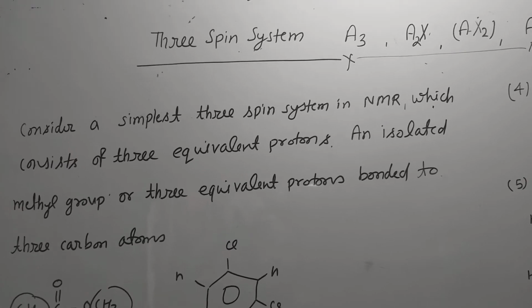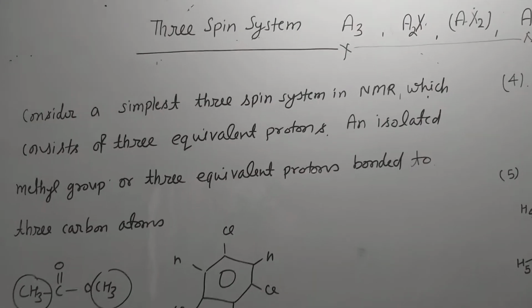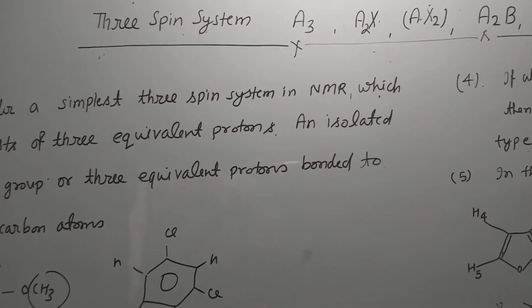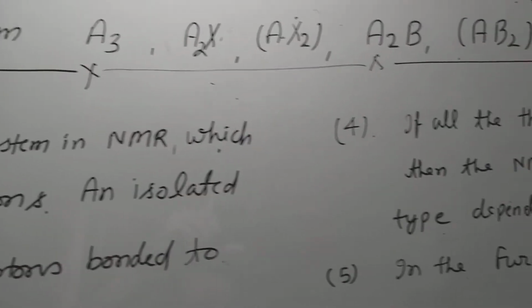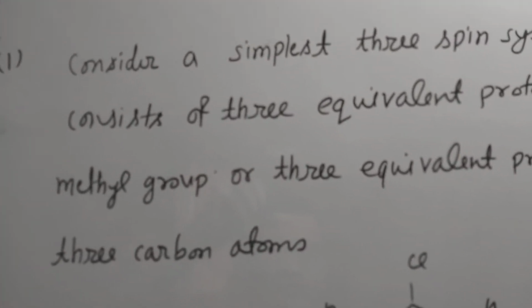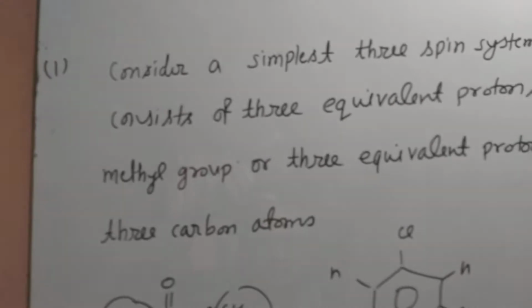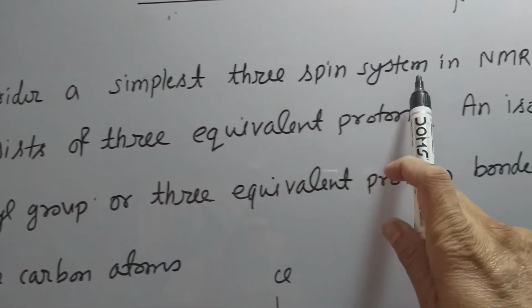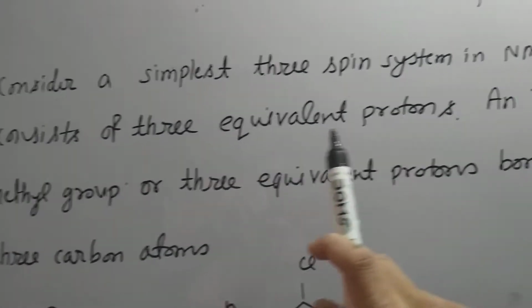Hello students, today our topic is three spin systems like A3, A2X, A2B, AMX, etc. In order to understand, consider the simplest three spin system in NMR.